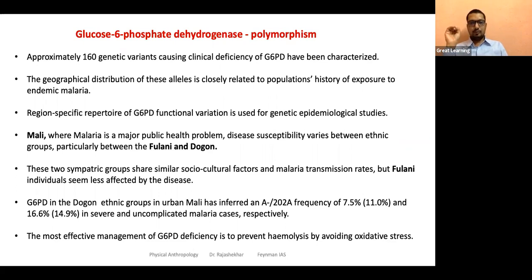They also have the same amount of malarial incidence. Malaria is equally common there, and they have the same socio-cultural factors, but they are affected differently by malaria. Meaning their fatality rate, death rate, seems to be different. Especially Fulani individuals seem to be less affected by malaria.